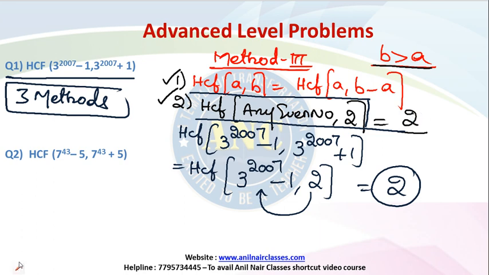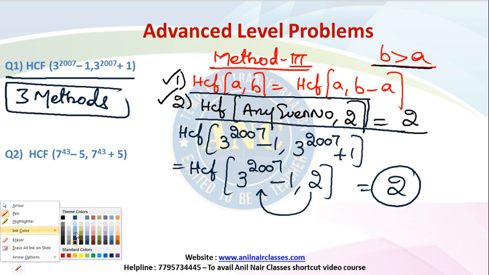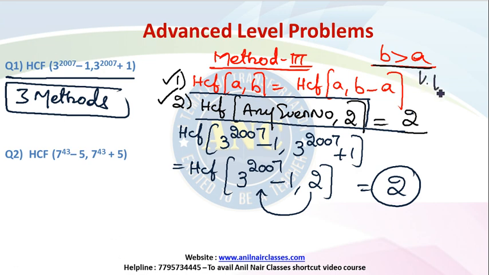Let us put a star mark on these very important key points. If you know these two key points, you can solve it. Method 1, method 2, method 3. Clear?